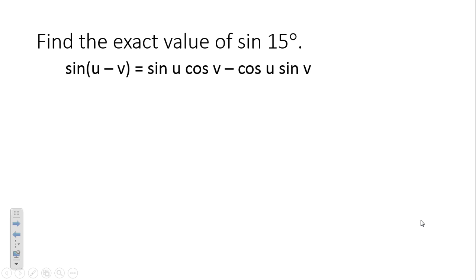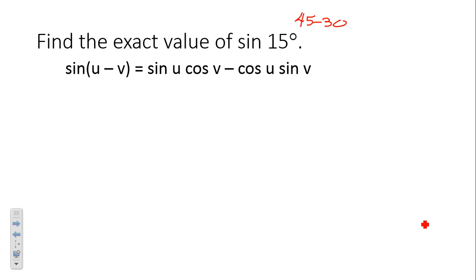So what's a way that we can get 15 from 0, 30, 45, 60, 90? 45 minus 30, okay? So we're going to use this sine of u minus v with 45 and 30. 15 is 45 minus 30.